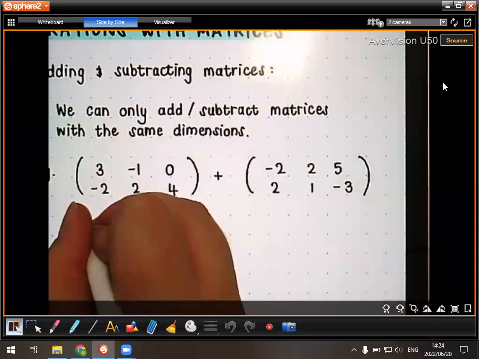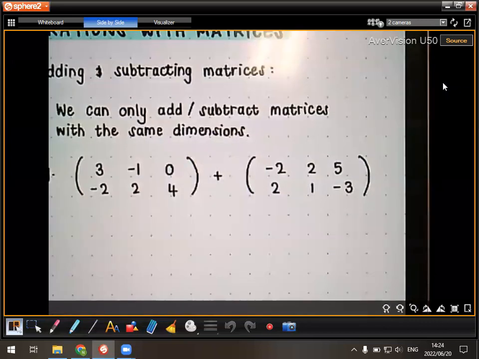And that is the end of that first matrix. Now we're going to say plus. -2, 2 at the bottom there, 2 and 1 and 5 and -3.